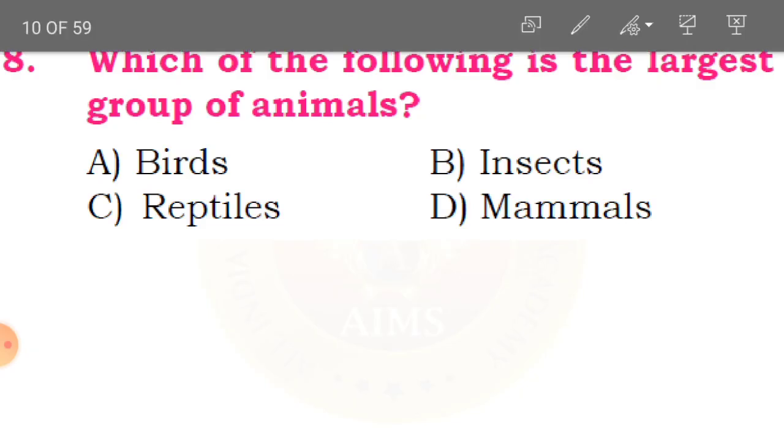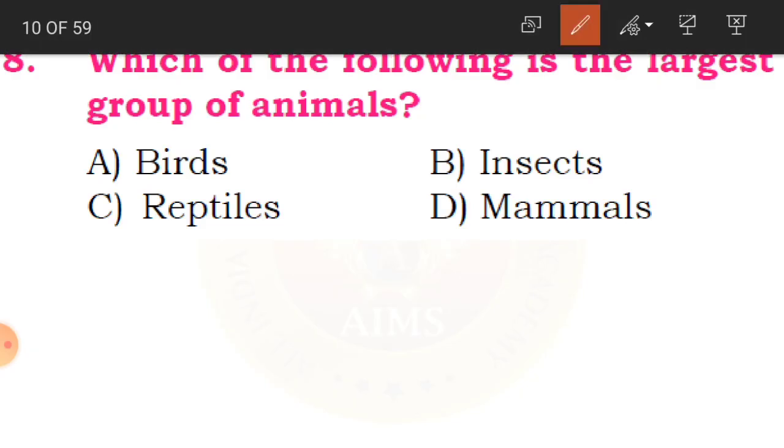So which is the largest group of animals? Whether they are birds, insects, reptiles, or mammals. Birds, like pigeon, sparrow, all that comes under birds. Insects, mosquitoes, flies, butterflies, all that come under insects.